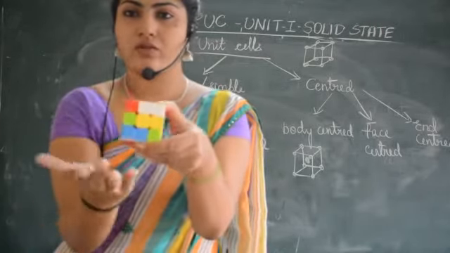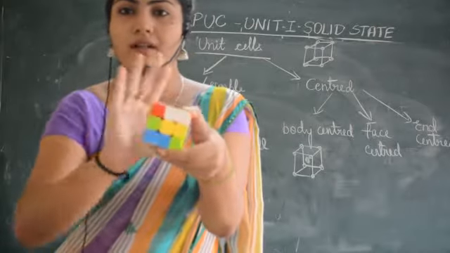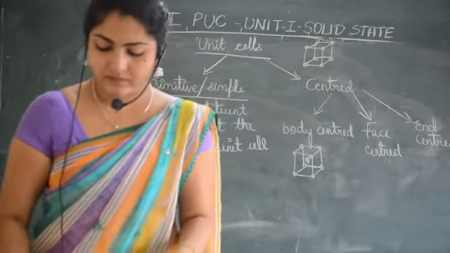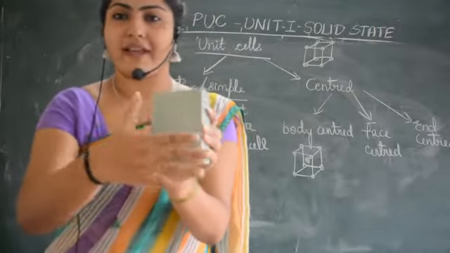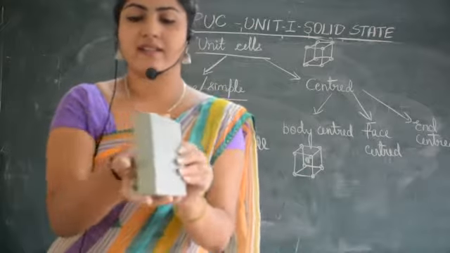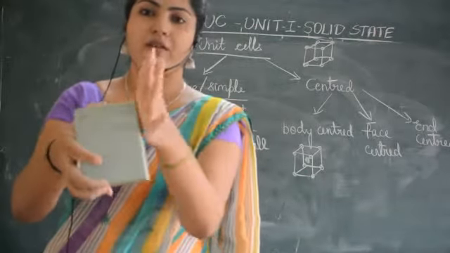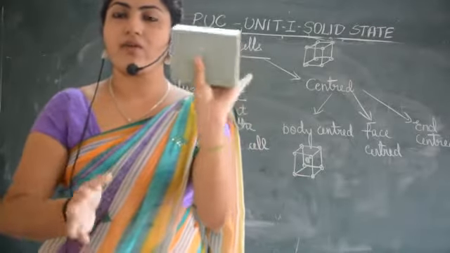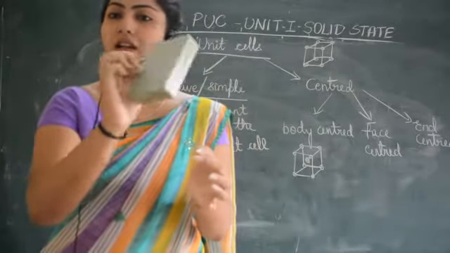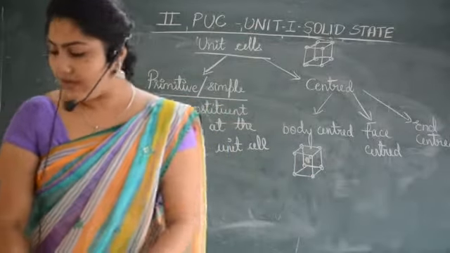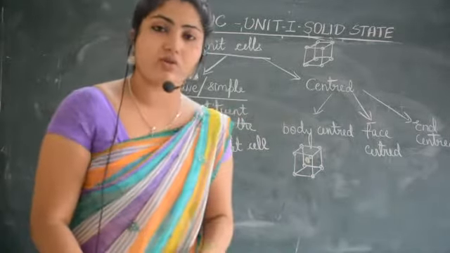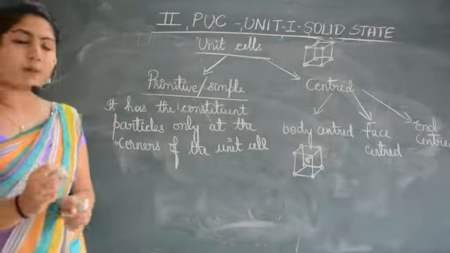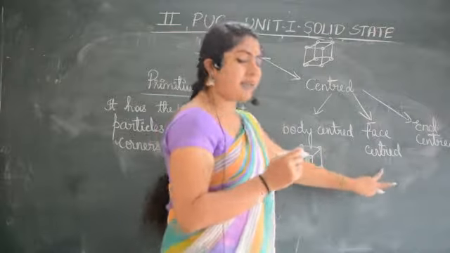So 1, 2, 3, 4, 5, 6 faces. You can make out there are 6 faces in a crystal lattice. So along with that, if a constituent particle is present at the 6 faces also, then we call it a face centered unit cell.